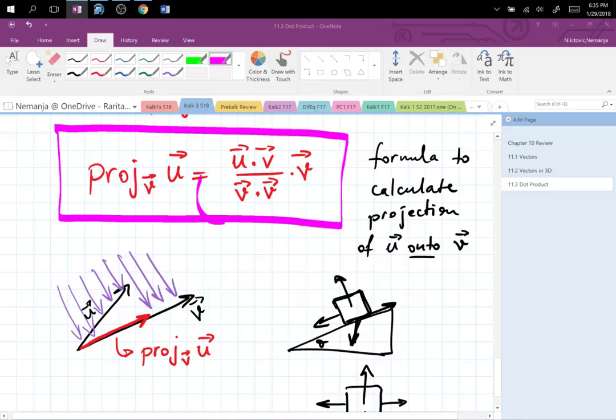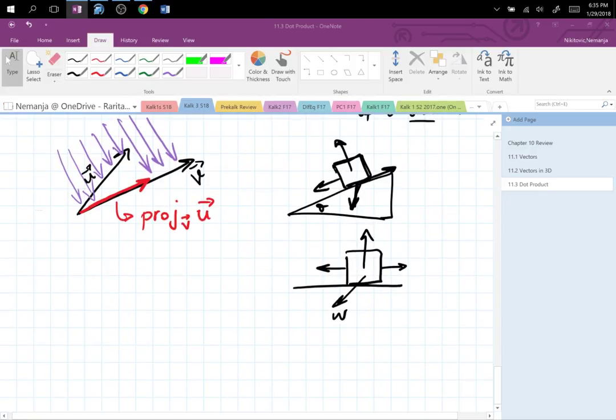And then the rest of these are going to give you the length of the red, which is the magnitude. So when you put them all together, you have the direction and the length of the projection. So you can either learn and reason with it, or you can just memorize the formula and be done with it.